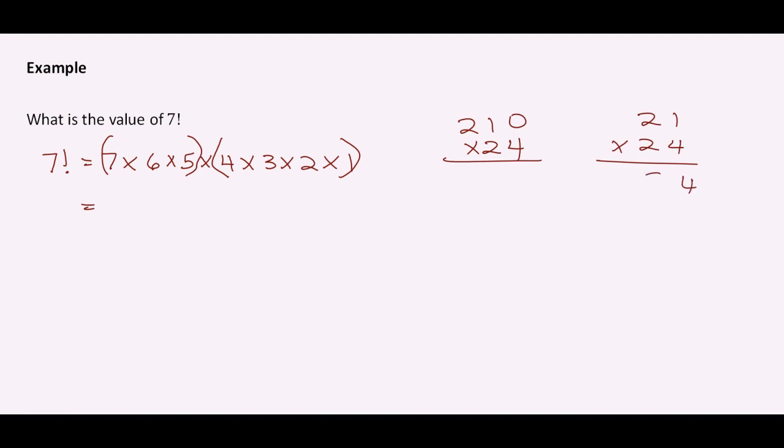This is 4, this is 8, 0, we have 2, we have 4. So this is 504, and with the 0, 5040.